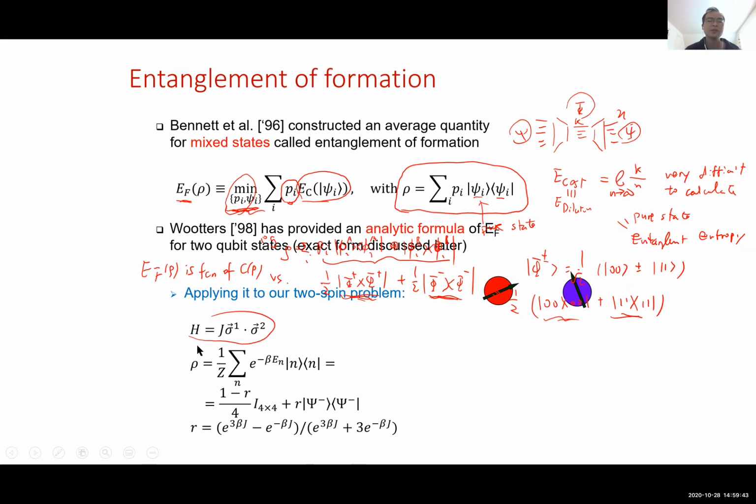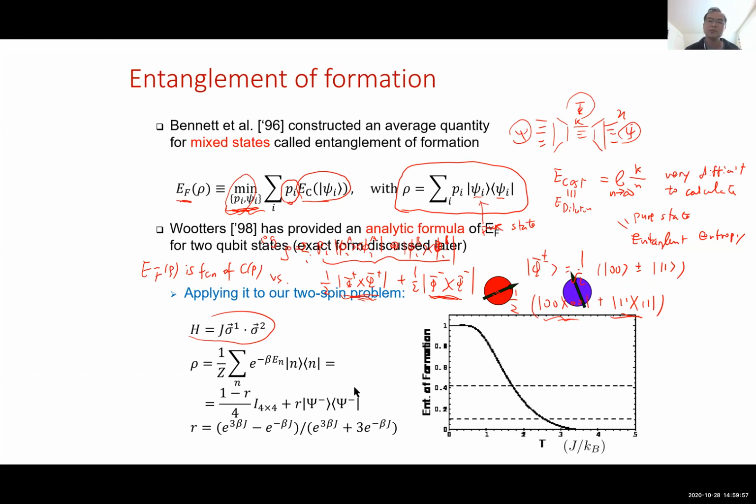If you have a thermal bath, then you can write a 2-qubit state at some temperature as a thermal state like this. And we've seen this before, and you can use that Wootters formula to calculate the entanglement of formation. So last time I showed the entanglement in terms of concurrence, but they are equivalent up to a one-to-one function. And you see that this simple system has entanglement until a temperature around 3 point something. Okay.